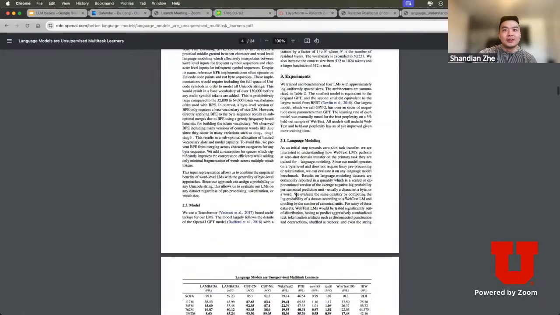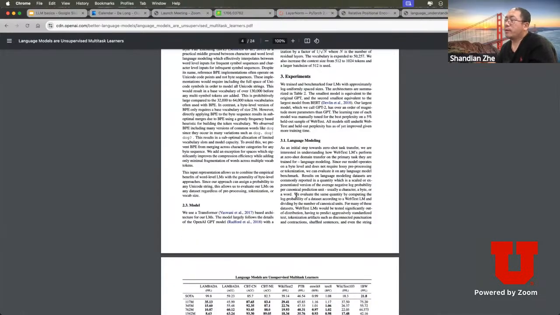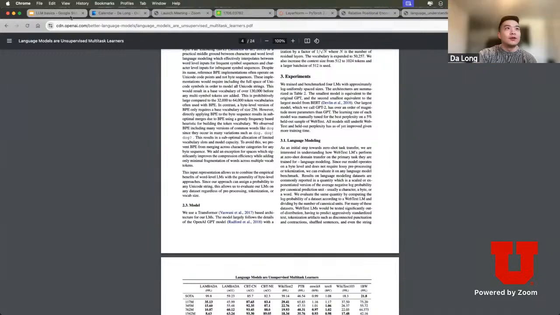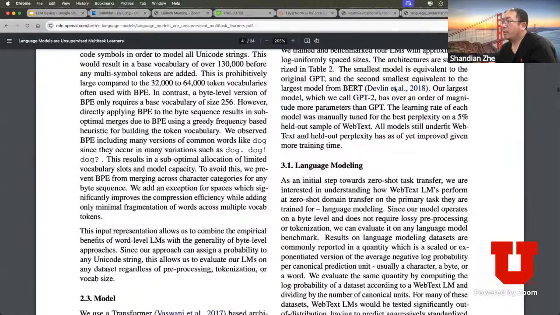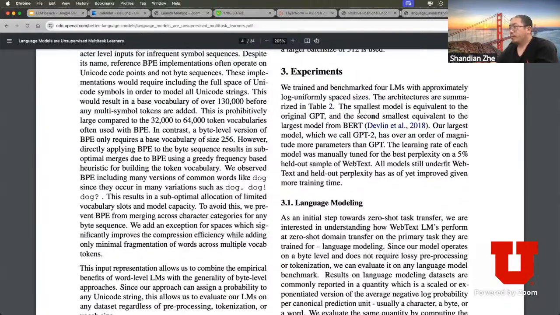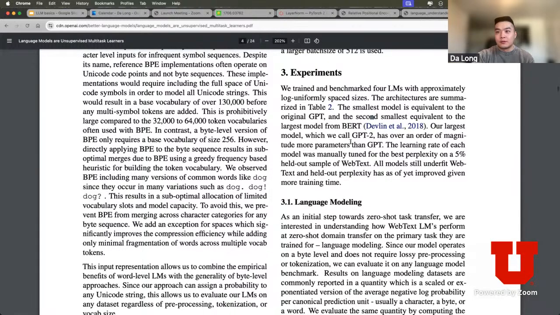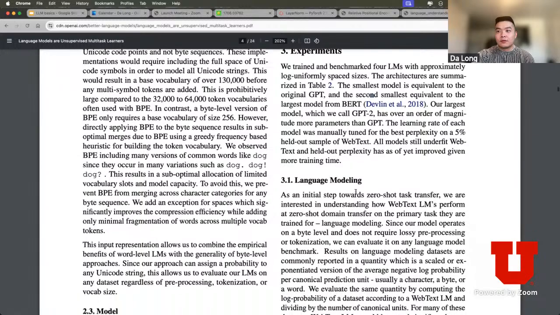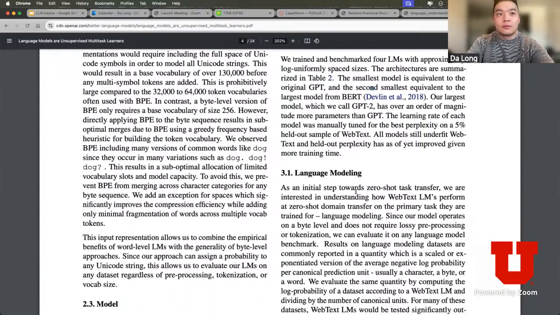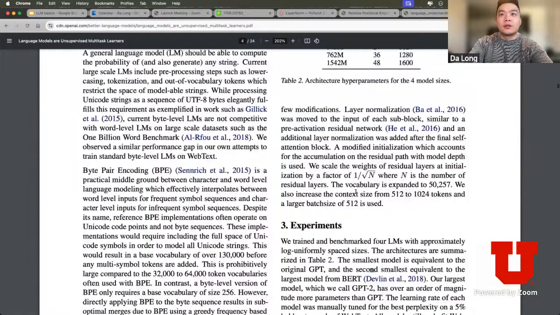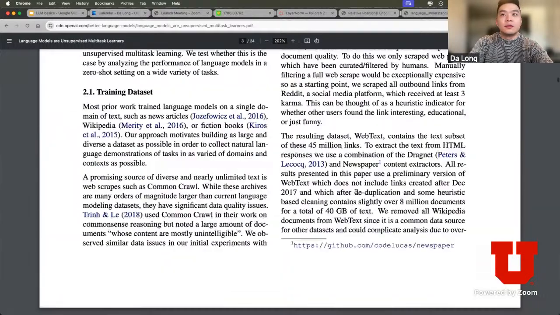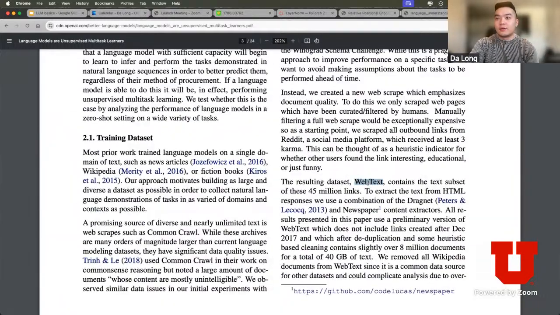Can you make the PDF text larger? It's not very clear. Where's the data? Oh, here.